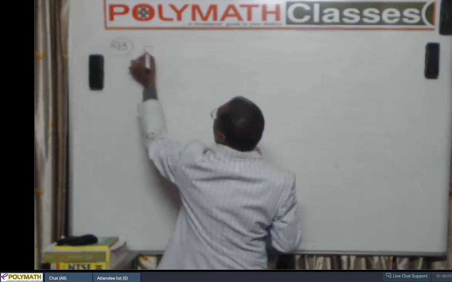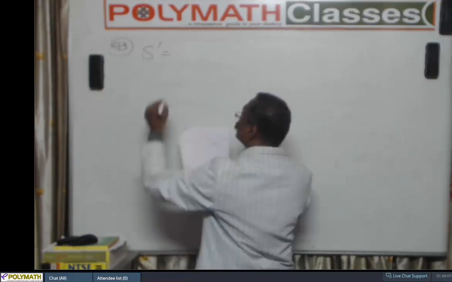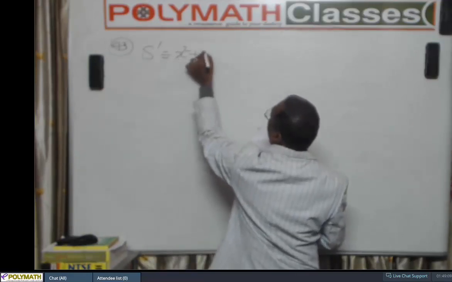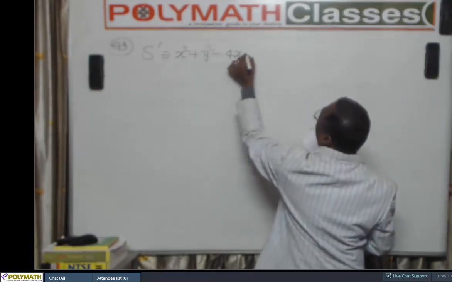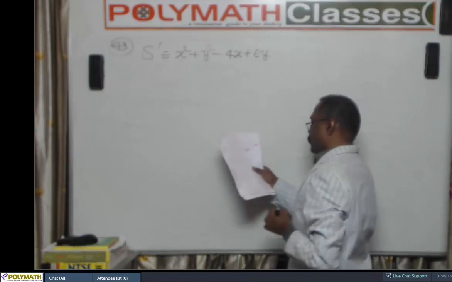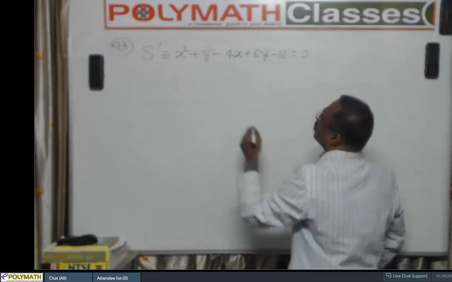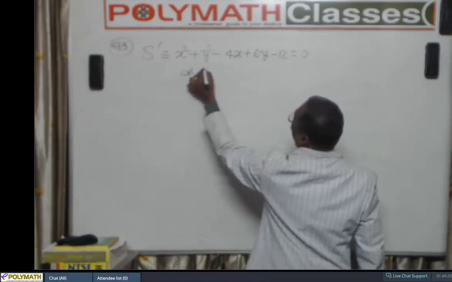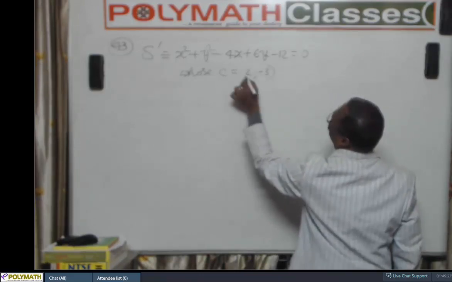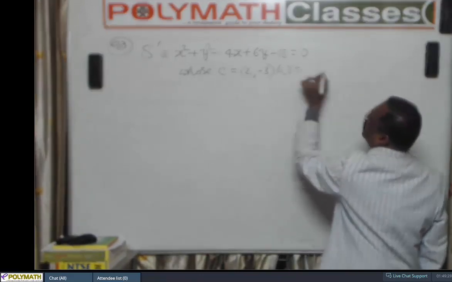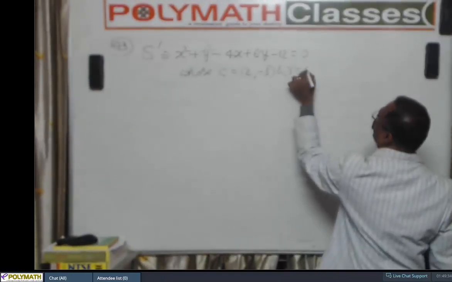Let it be S dash equal to x squared plus y squared minus 4x plus 6y minus 12 equal to 0, whose center is 2 comma minus 3, and radius of course is 4 plus 9 plus 12, which is 5.